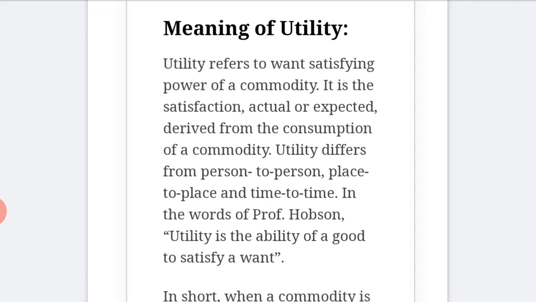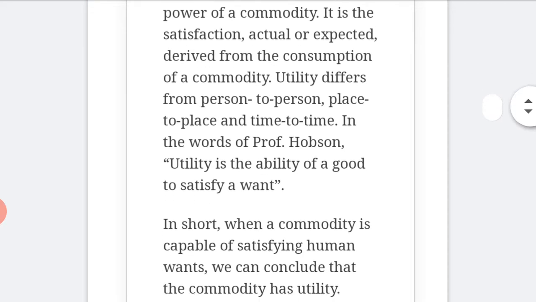And we all know that the concept of utility is very interesting. Utility does not mean satisfaction, utility does not mean usefulness, utility has no moral consideration, and it is subjective and not objective. So it differs from person to person, place to place, and time to time.